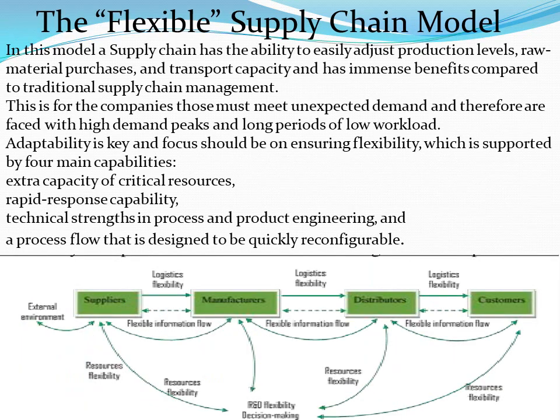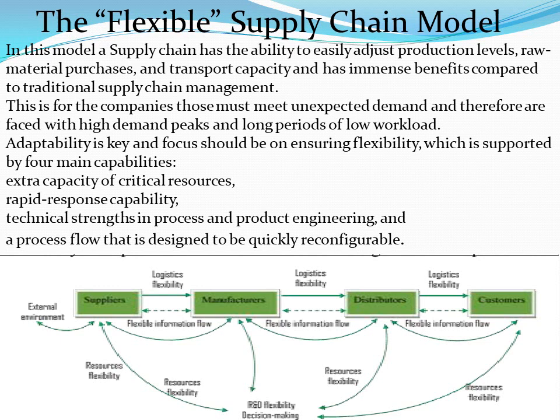The last model in our discussion is the flexible supply chain model. In this model, a supply chain has the ability to easily adjust production levels, raw material purchases, and transport capacity, and has immense benefits compared to traditional chains. This is for companies that must meet unexpected demand and therefore are faced with high demand peaks and long periods of low workload.